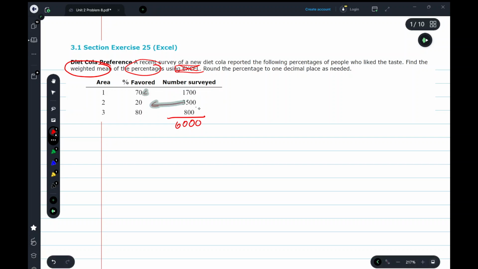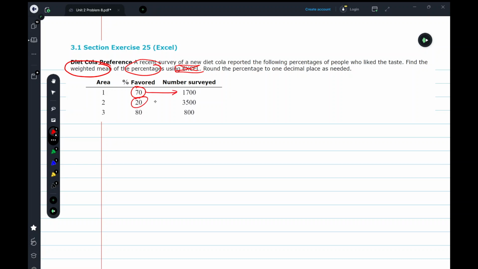In other words, it's almost like saying we need to count 70 1,700 times, we need to count 20 3,500 times, and we need to count 80 800 times. Because realistically, I have 6,000 data values, not just the 3 right here. I have 70 occurring 1,700 times, and so on.